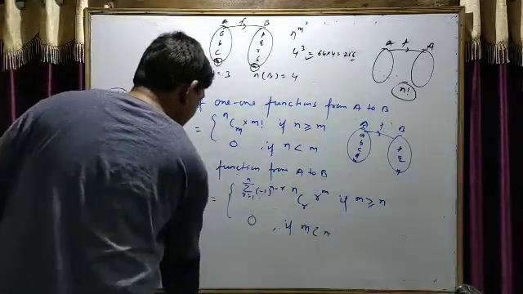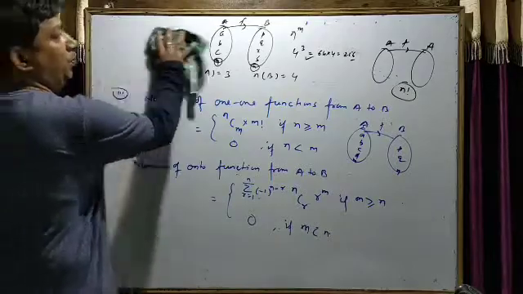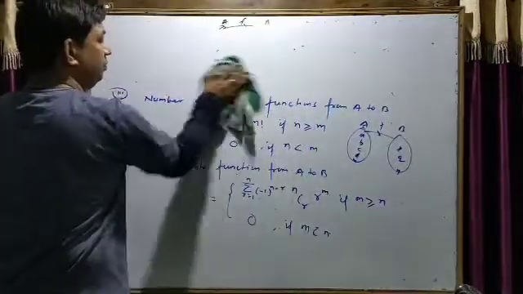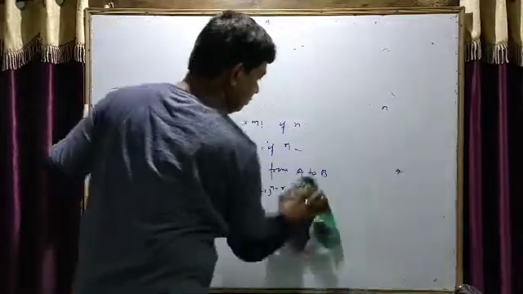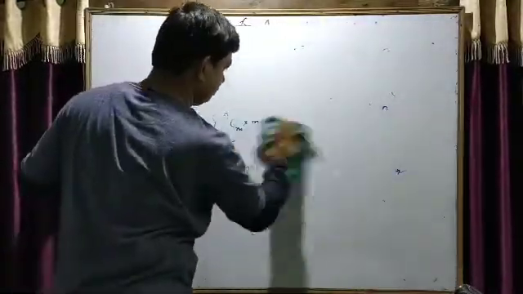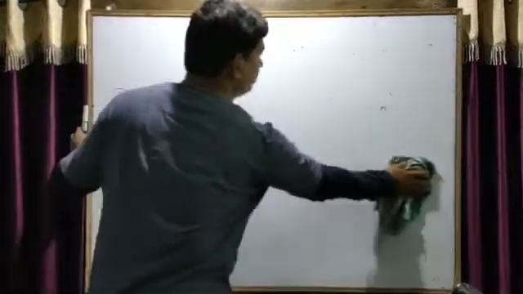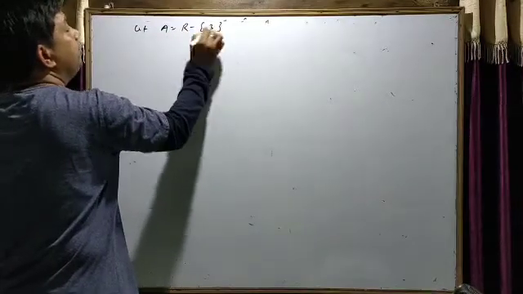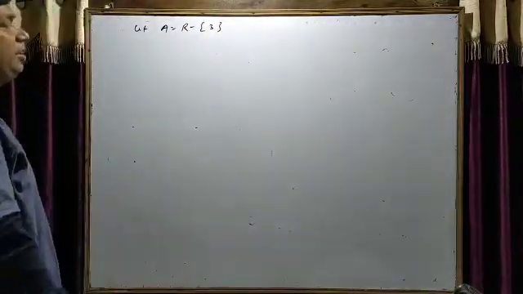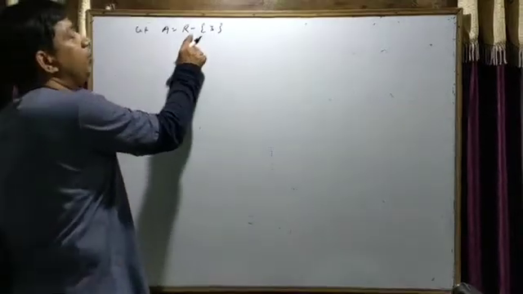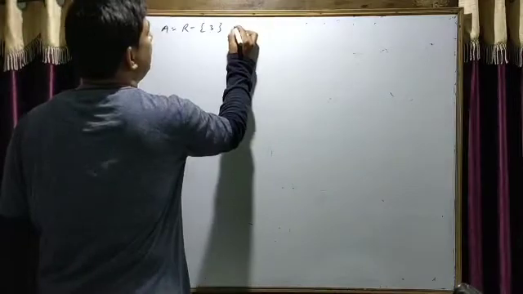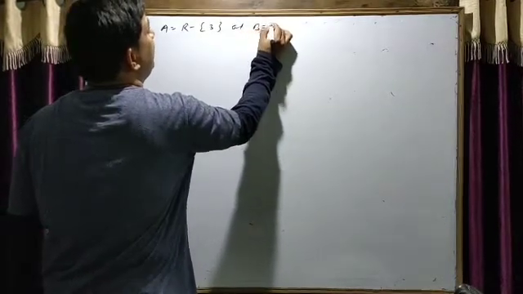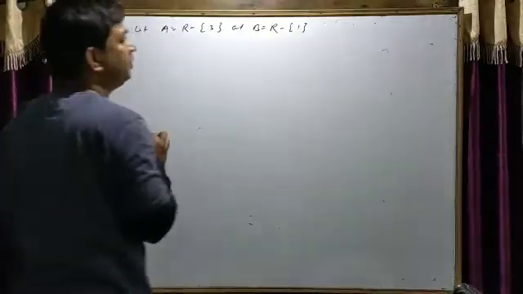Now the question is: let A equal R minus 3. One set is there. In that set, real numbers except 3, and B is a set which has R minus 1.